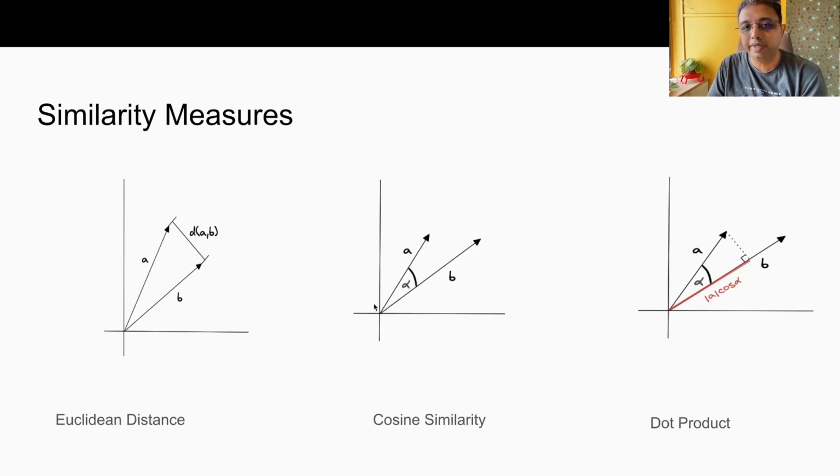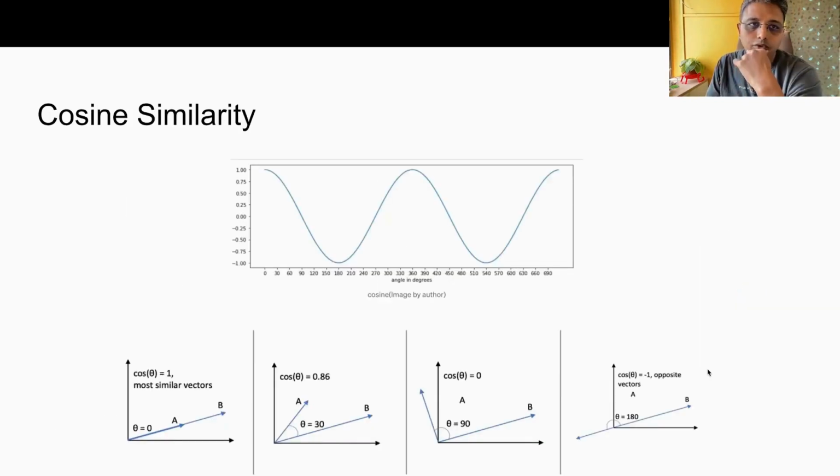In cosine similarity, the angle is considered, and in dot product, if you make them unit vectors, then the dot product becomes equal to cosine similarity. I will explain this in more detail. So why is cosine similarity normally used to compare vectors?